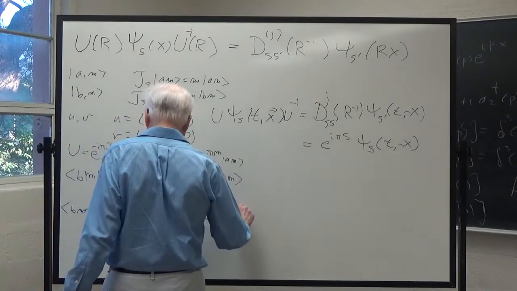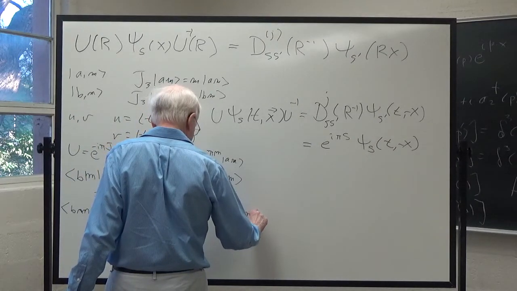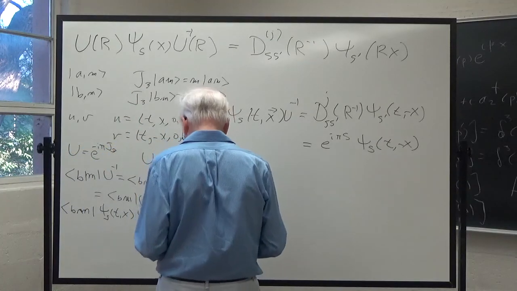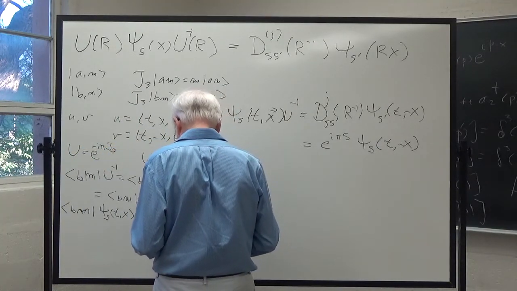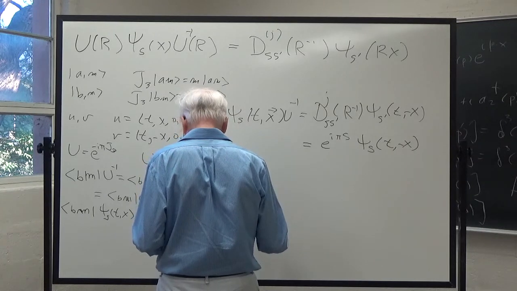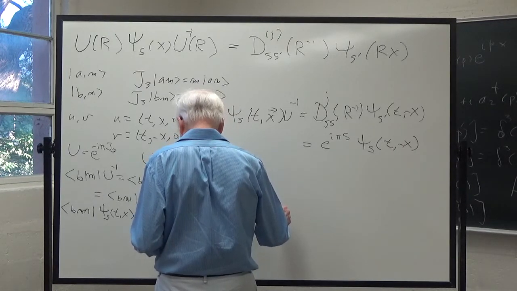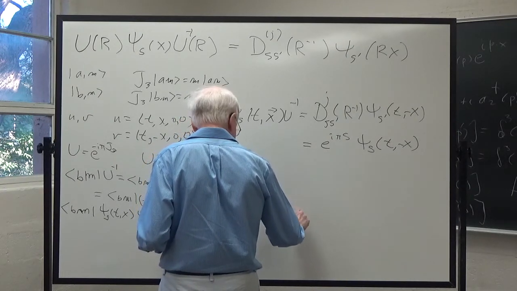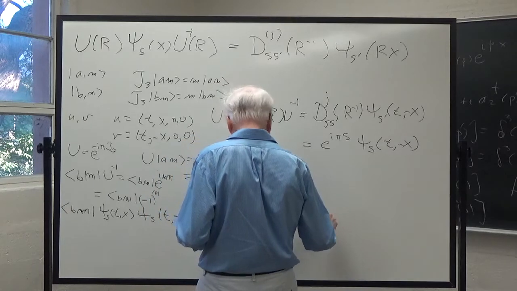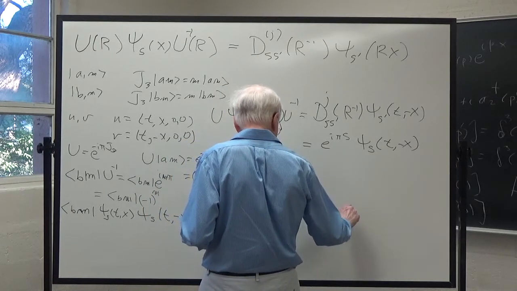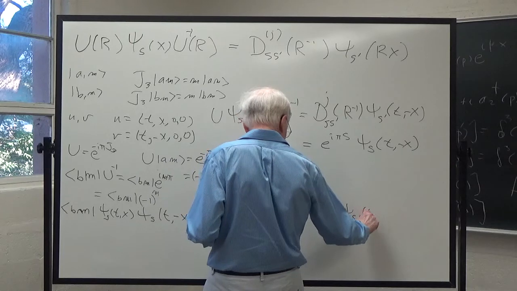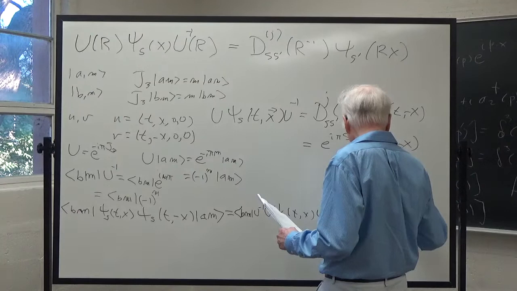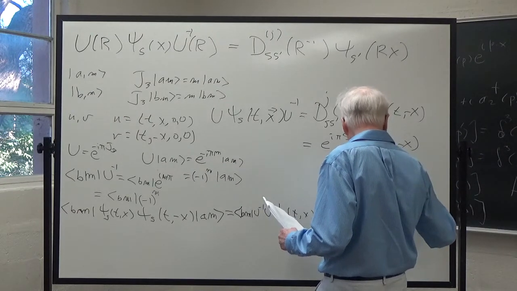Well, we can rewrite this as Bm U inverse U psi s of t and x, U inverse U psi s prime of t and minus x, U inverse U am.